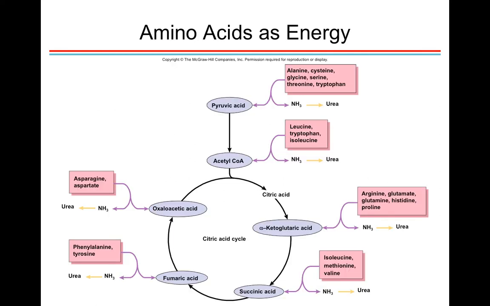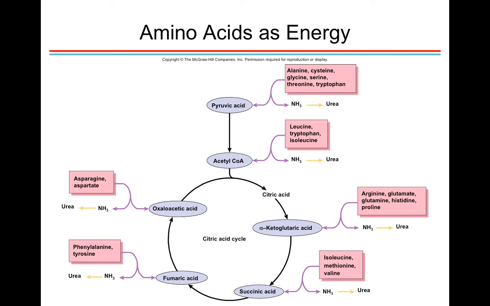So the pretty interesting thing is that protein is a great source of nutrients too, and proteins, when they're hydrolyzed to amino acids, can be converted to the citric acid cycle intermediates.